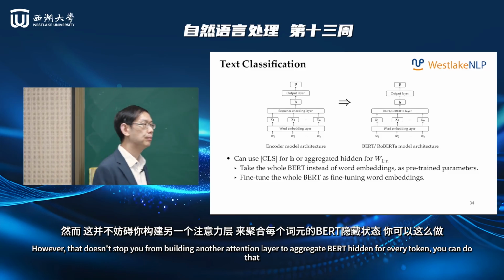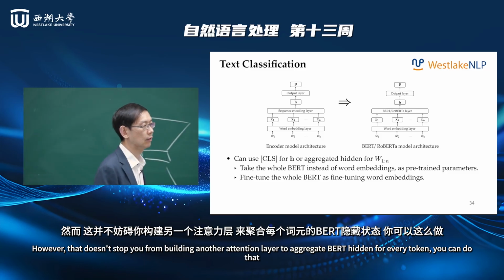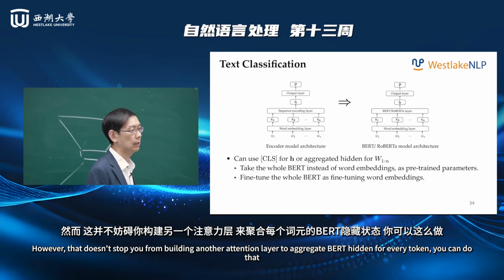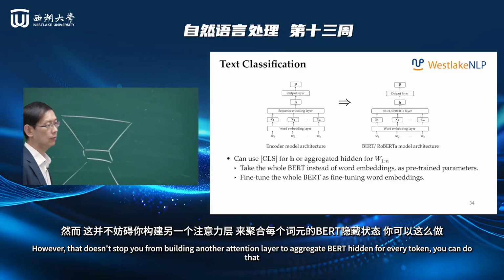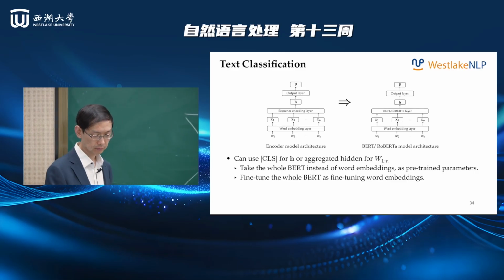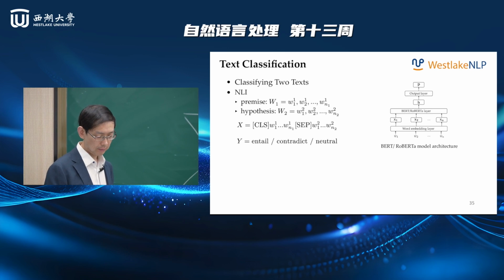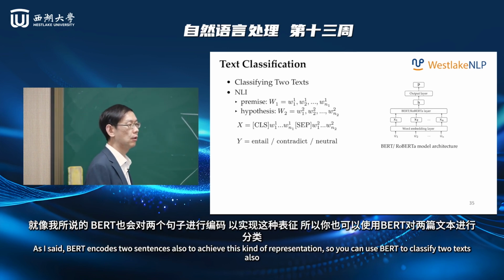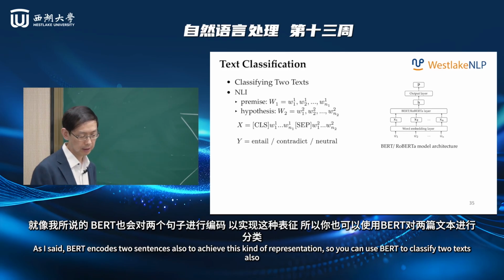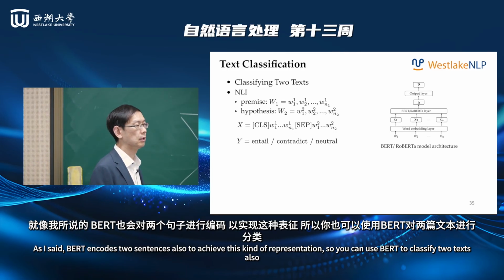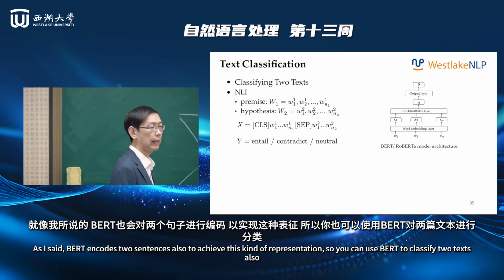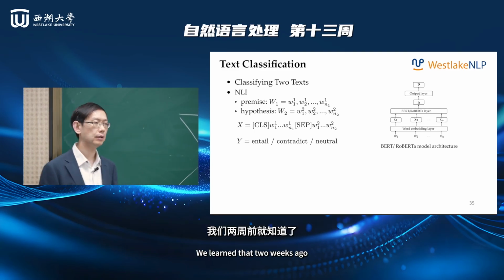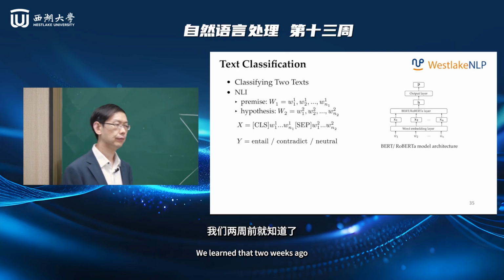However, that doesn't stop you from building another attention layer to aggregate BERT hidden for every token. You can do that. As I said, BERT encodes 2 sentences also, with this kind of representation. So you can use BERT to classify 2 texts also. We learned that 2 weeks ago, right?